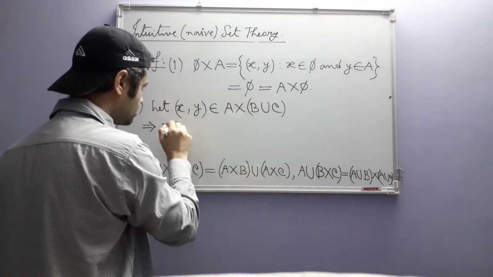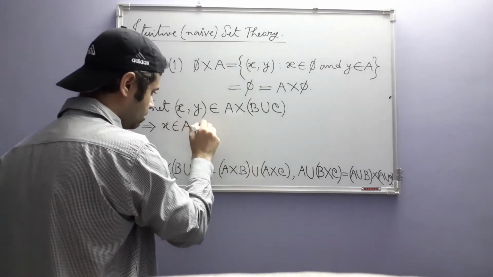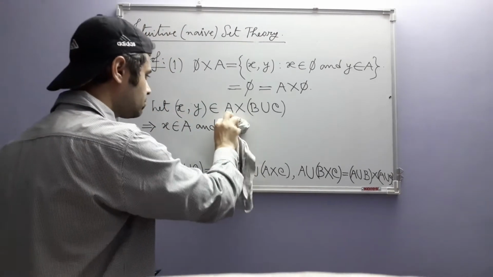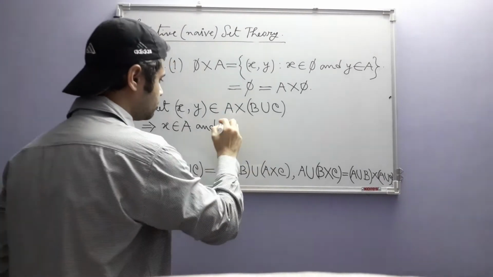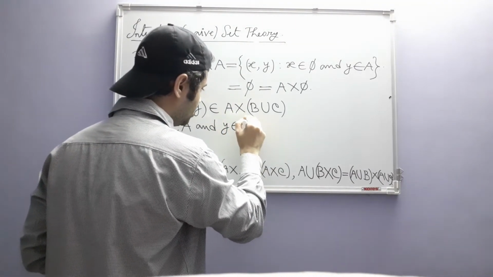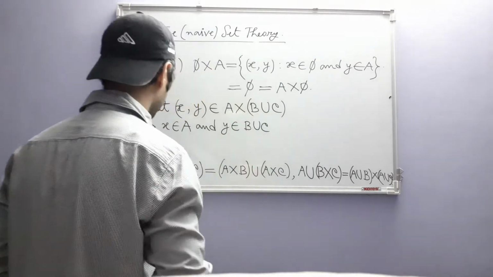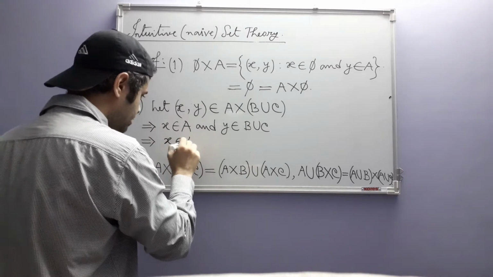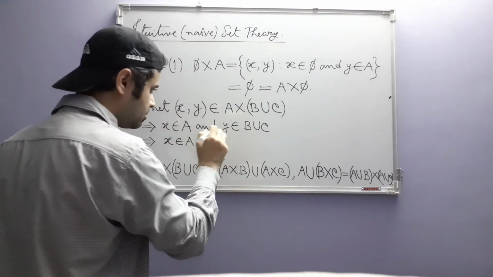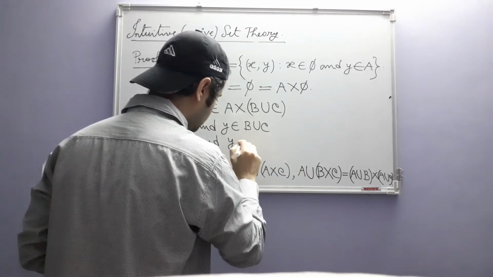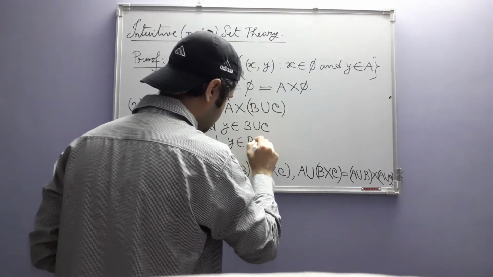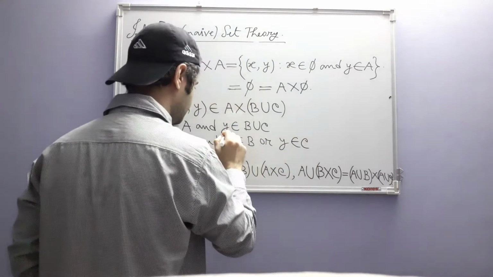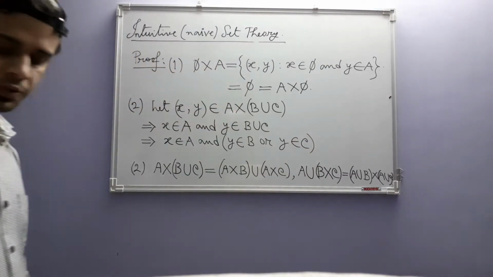So this implies x belongs to A and y belongs to B union C, which implies x belongs to A, and since we have union, we can write this like this: y belongs to B or y belongs to C. Okay.